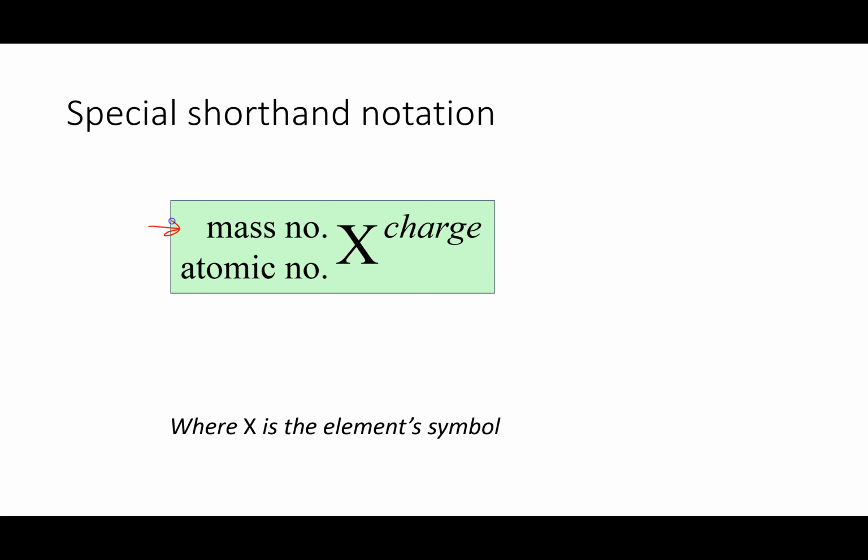The atomic number is simply the number of protons. And then the charge, if there is one, is in the upper right-hand corner. If that's blank, it means it's neutral. So it would look like this.